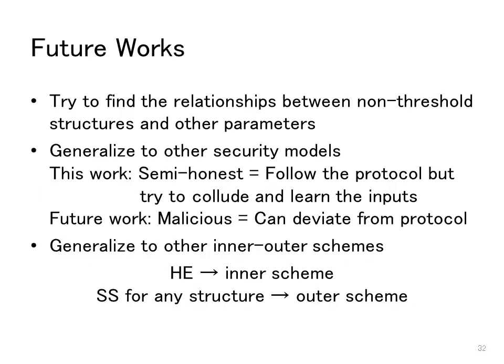As future work, we will try to find the relationships between non-threshold structures and other parameters as shown in the previous slides. In the construction of this work, we only consider semi-honest security, where each party follows the protocol correctly, but may try to collude and learn the secret inputs.